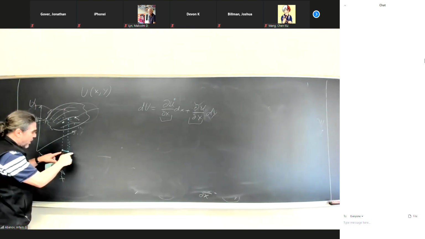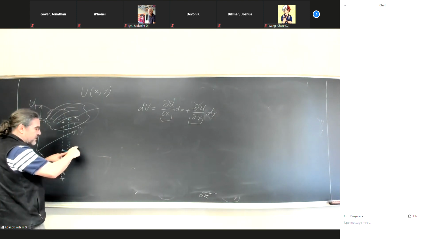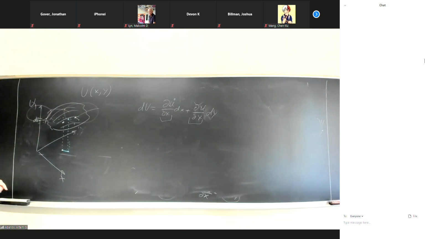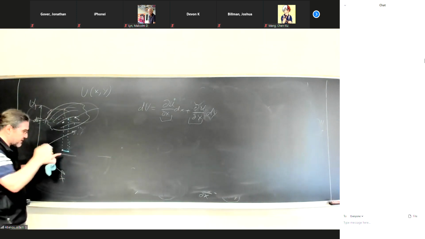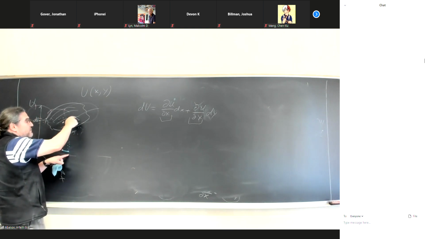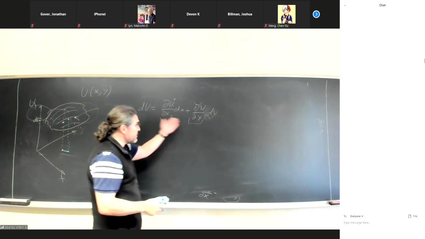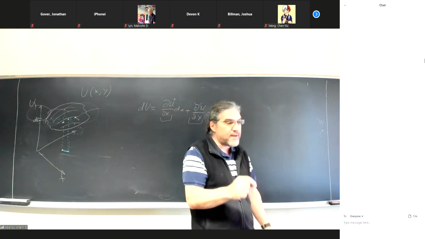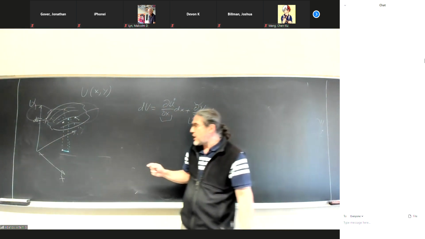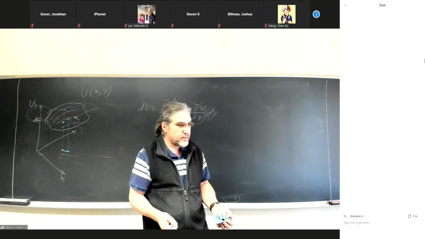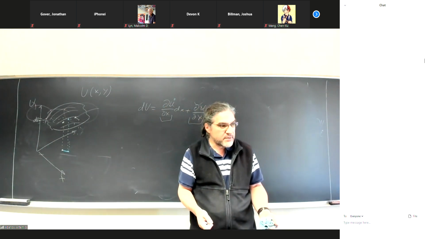So if you keep going by infinitesimally small displacements, you will be able to find the value of that function everywhere. That's what it tells you: how a function changes when you change its arguments just a little bit. All right? Does it make sense?